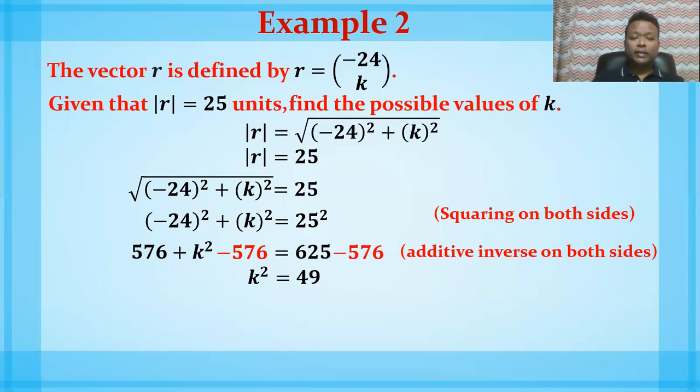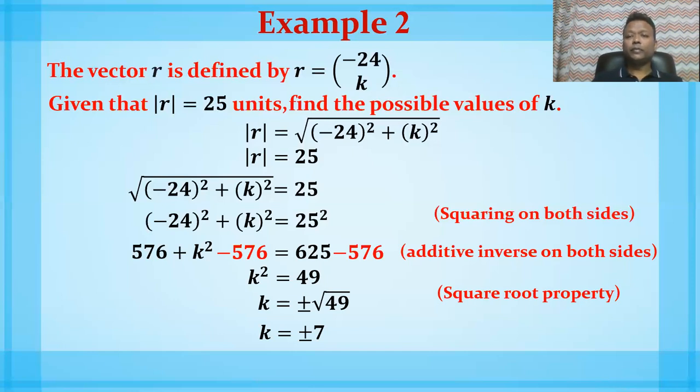So we obtain k² is equal to 49. Now, using the square root property, we have k is equal to positive or negative square root of 49. Therefore, the possible values of k are positive or negative 7.